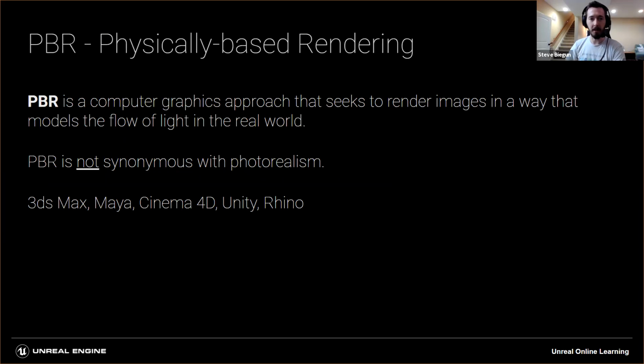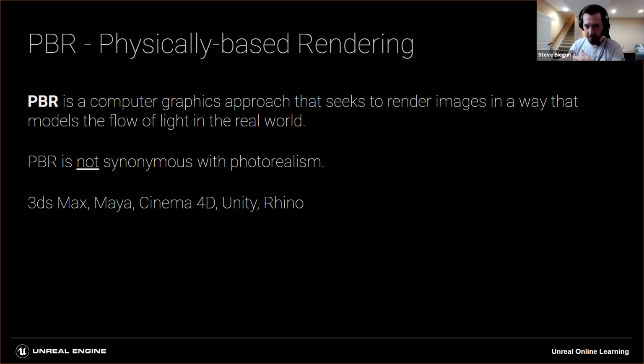PBR is physically based rendering, and it's a computer graphics approach that seeks to render images in a way that models the flow of light in the real world. This is a new-ish rendering method. It's not synonymous with photorealism. Even stylized games use PBR rendering.